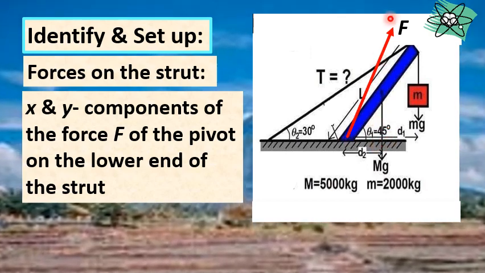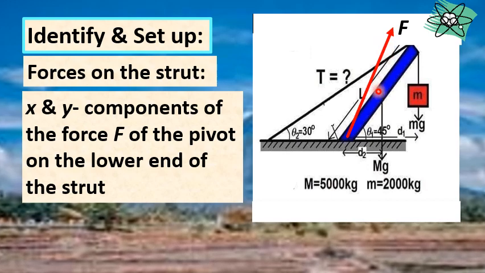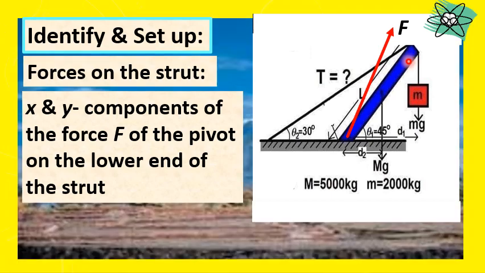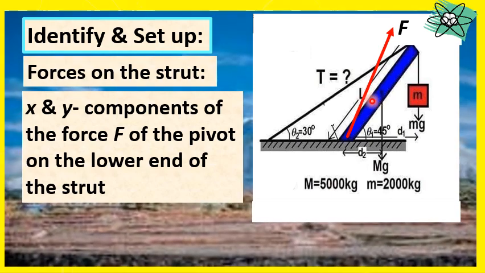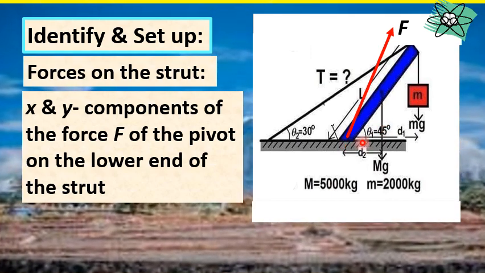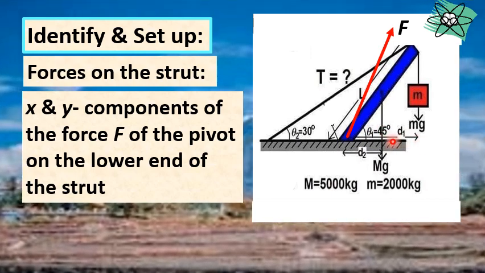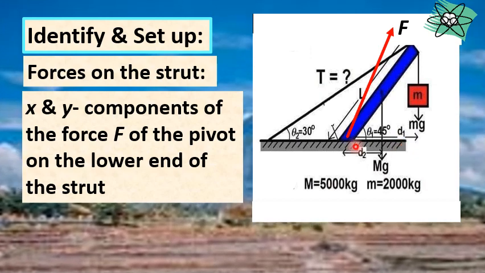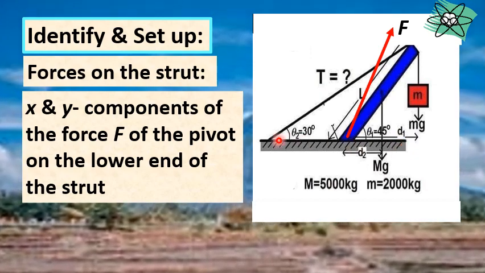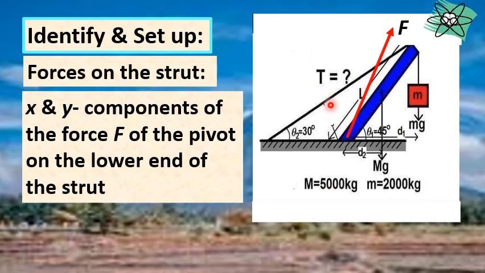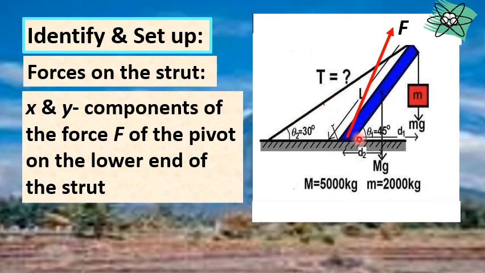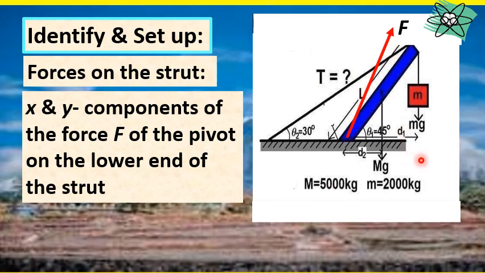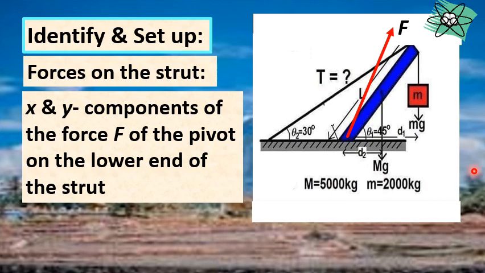In other words, the line of action of this force F is not along the length of the strut. The angle that it forms with the horizontal is in fact greater than 45 degrees. So just like the tension force of the cable, the force F also has its y and x components.